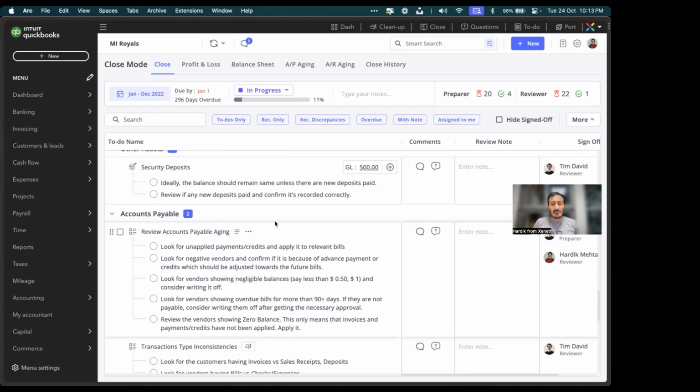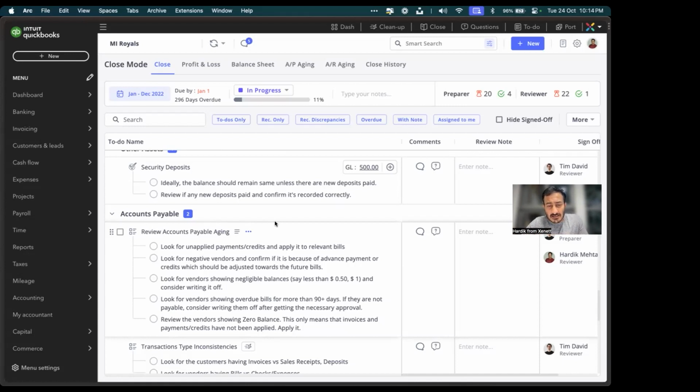Now, this is a balance that we don't generally expect to change every now and then, right? In fact, if there's a change in the balance, we need to pay attention to why the balance has changed.